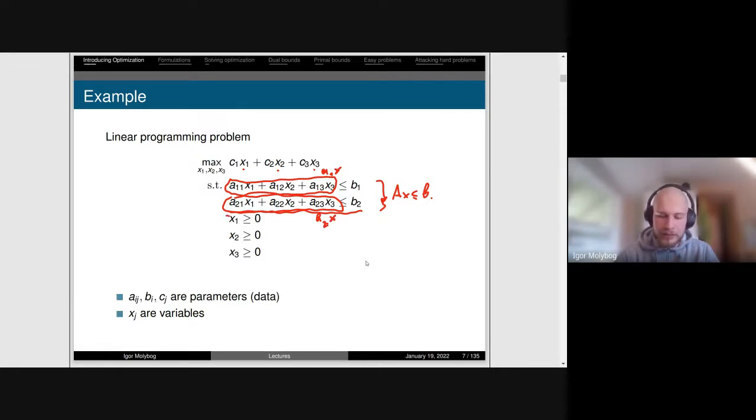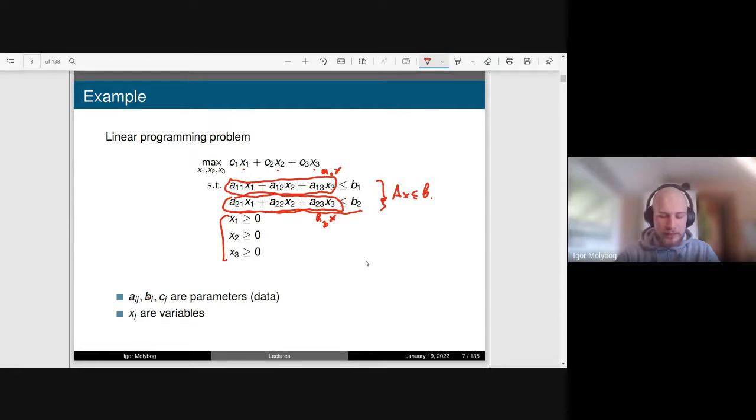And the last part is the so-called non-negativity constraints, which basically say that all of the variables that we are talking about have to be non-negative. In this problem, the aij's, bi's, and cj's are the parameters of the problem, and the xj's are called the variables.